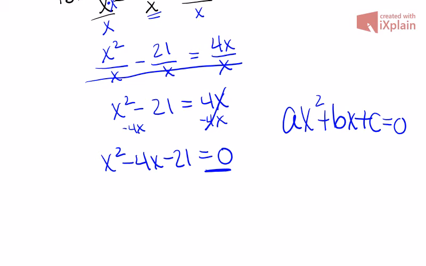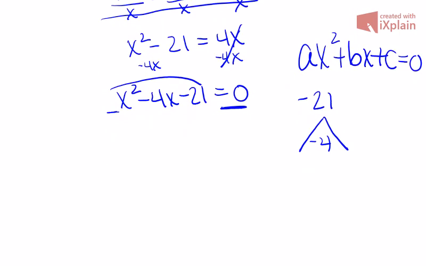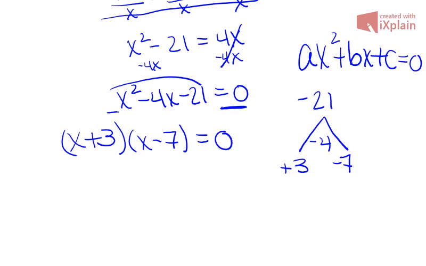So again, I'm going to do my naked factoring since there's nothing in front of x squared. I can go off to the side and say, what multiplies to negative 21 and adds to negative 4? Well, 21 is only 1 and 21, or 3 and 7. 7 needs to be negative. So I have x plus 3, since 3 is positive, times x minus 7 equals 0.